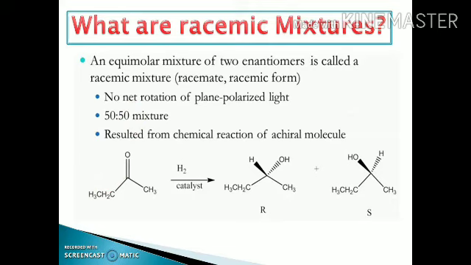For example, when we reduce this compound with hydrogen in the presence of a catalyst like nickel or platinum, this compound will form an equal mixture of the R and the S compounds. R and S are the dextrorotatory and levorotatory compounds. When in this particular solution both dextrorotatory and levorotatory forms are present in equal amounts, they do not rotate the plane polarized light.